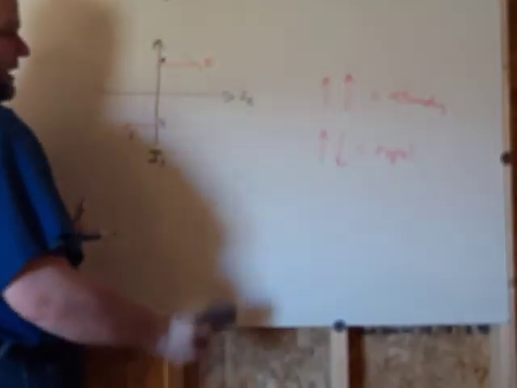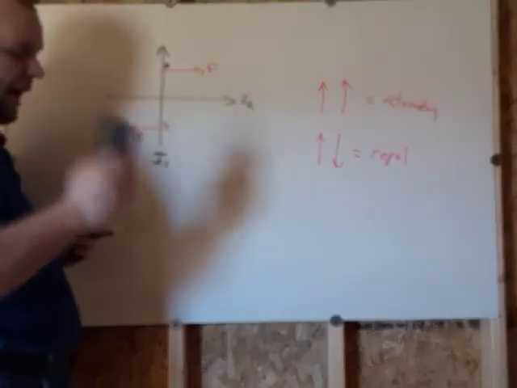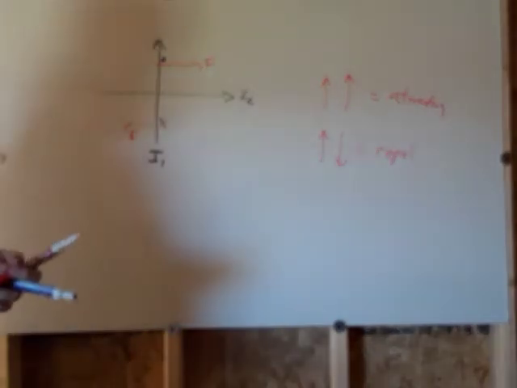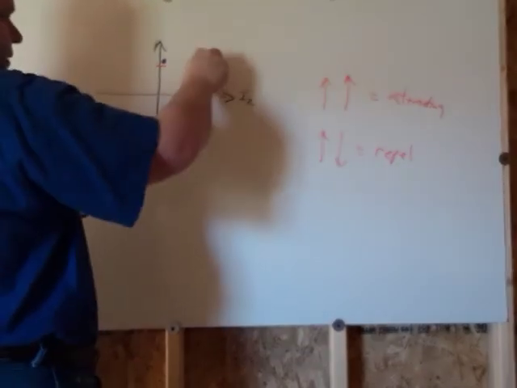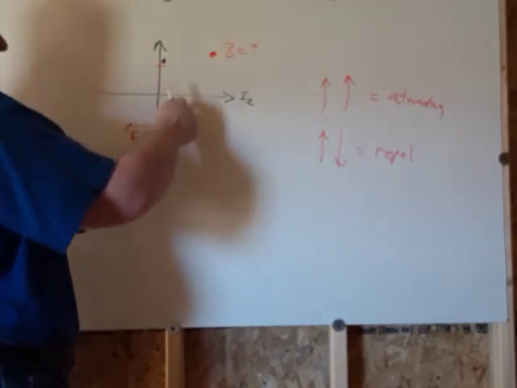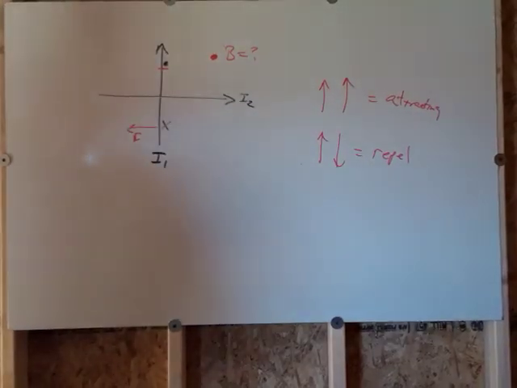Don't rely on these rules in case you have something weird like this, or if this is at an angle. Whenever you see a problem, realize what it is asking for. If it's asking for the field somewhere, don't worry about what the force is doing. If it just wants to know what the field is, calculate the field from each wire separately, then determine which direction they go, and then add the vectors.